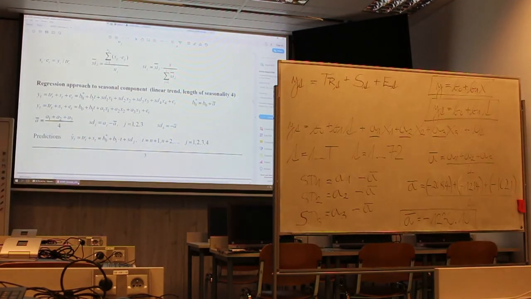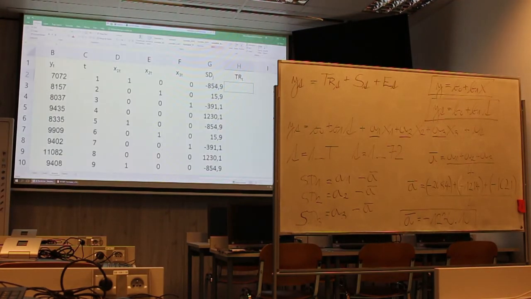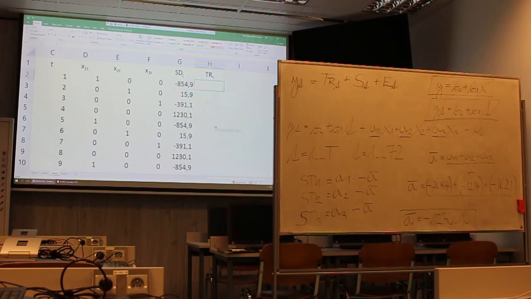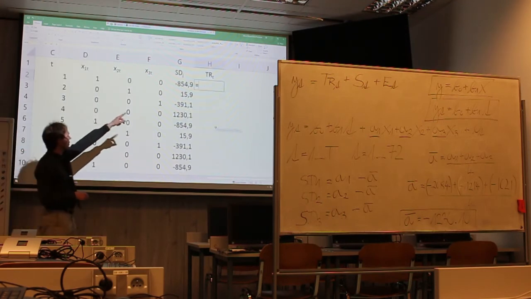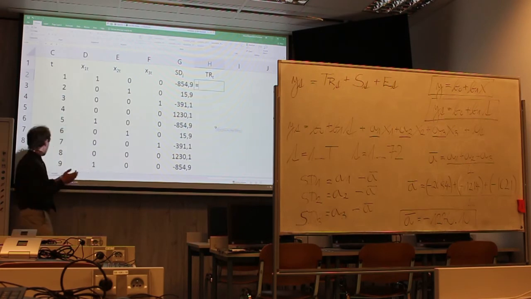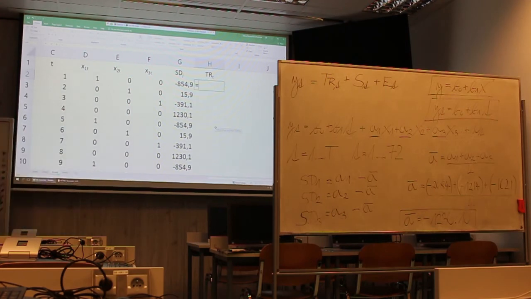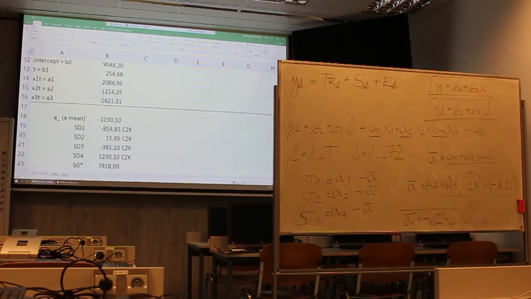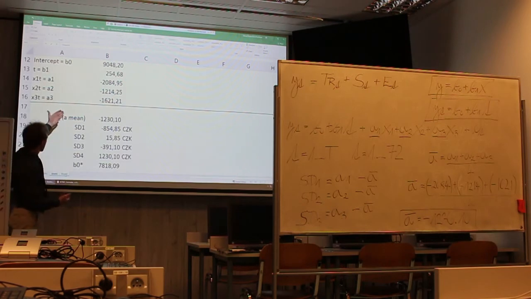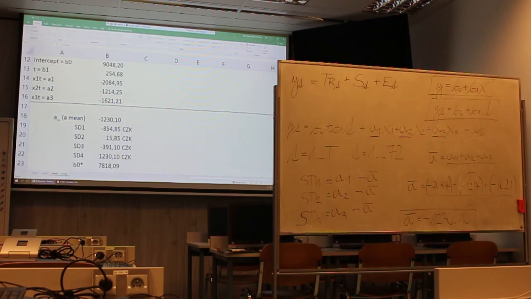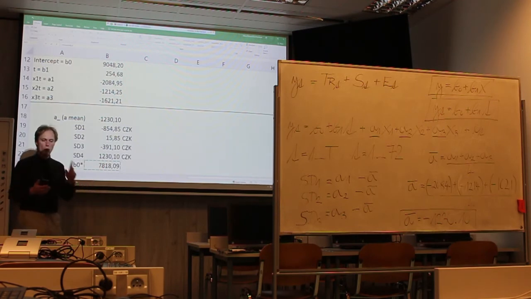So equal sign, and now I need sheet 4, where B0 star is. I will click on sheet 4 and select B0 star, 7,818, and use dollars, F4, function 4 on your keyboard.